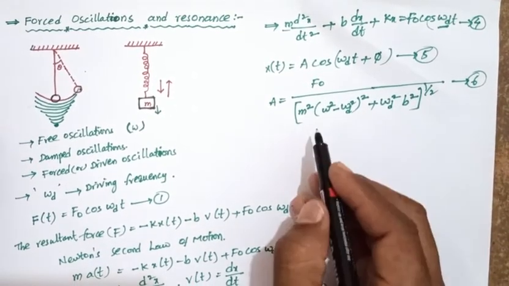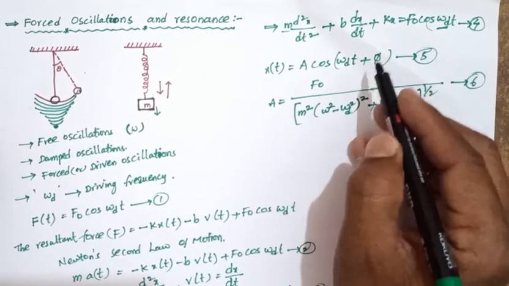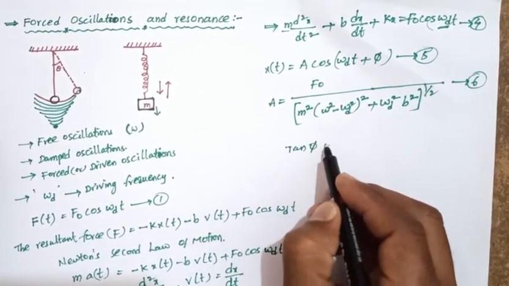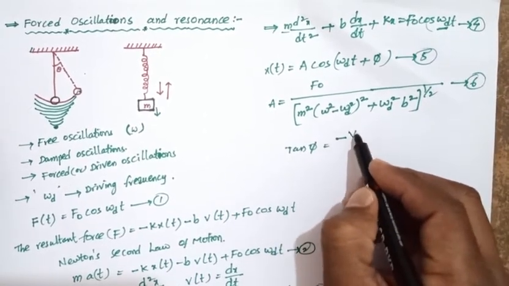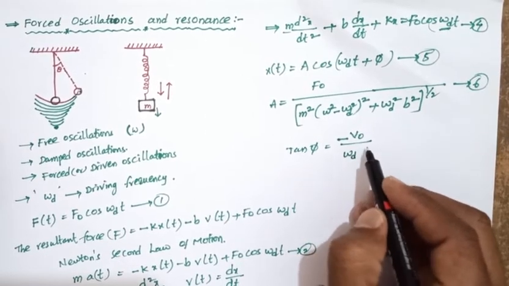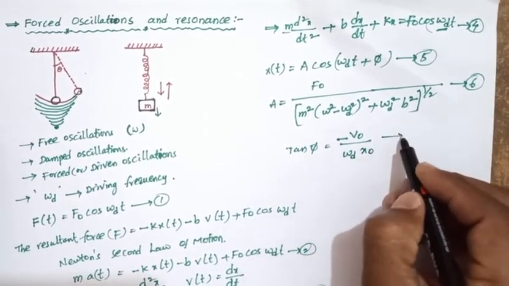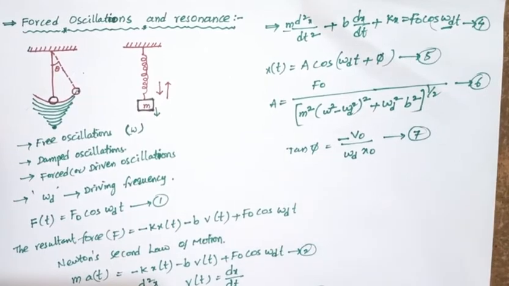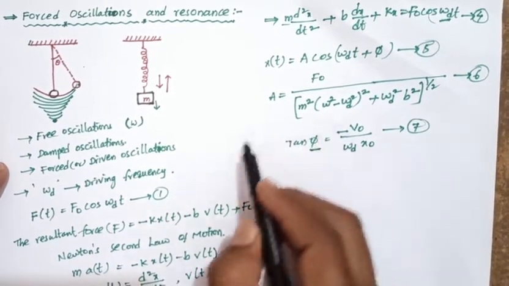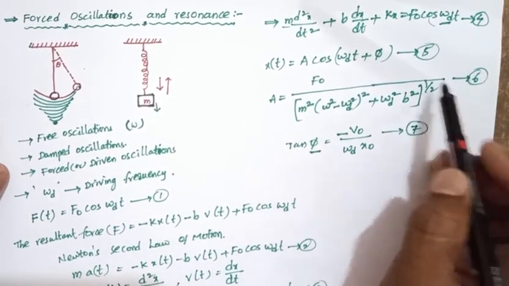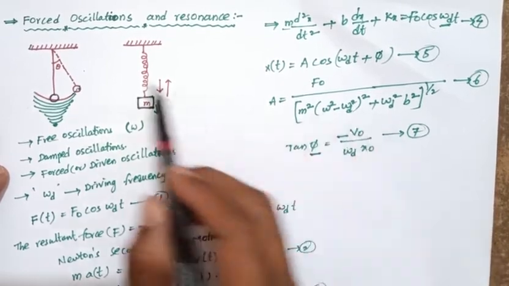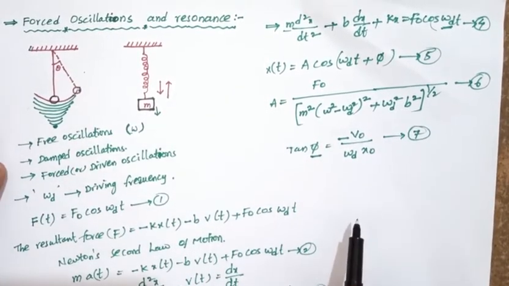Here again phi is the phase angle, so we can write tan phi equals minus v naught by omega d into x naught. So this is equation number 7. Okay, phi is the phase angle, and A is the amplitude of these forced oscillations.